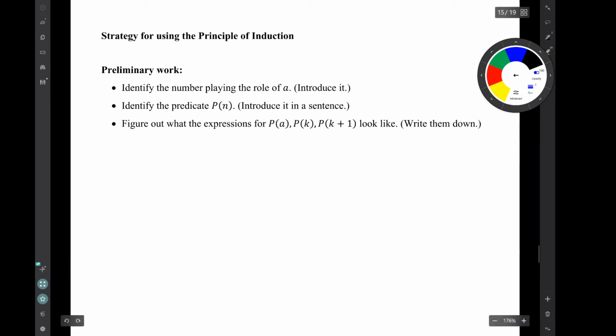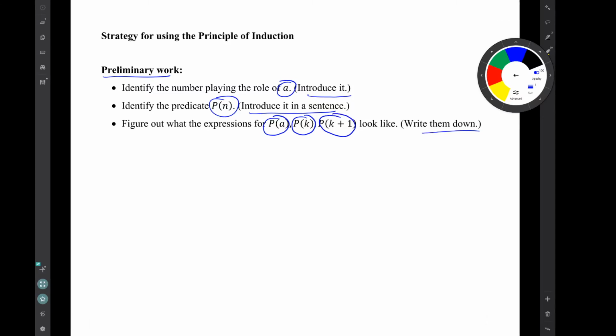When you're going to use this principle of induction, you need to do some preliminary work. You need to identify the number playing the role of a. You have to introduce it. You have to identify the predicate, P(n), and introduce that in a sentence. And then figure out what the expressions for P(a), P(k), and P(k+1) look like. Write them down.